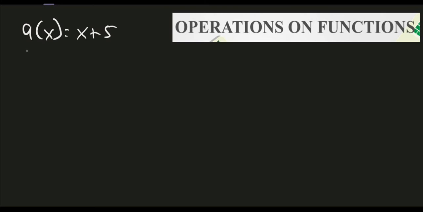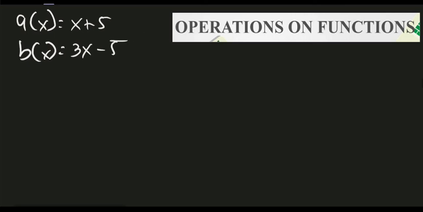Next, let's say we have b of x, and let's say that is equal to 3x minus 5. Okay, so what will be the value of this function if we multiply a and b, or simply a times b of 5? Okay, so again, I encourage you to pause this video and try to answer this problem.